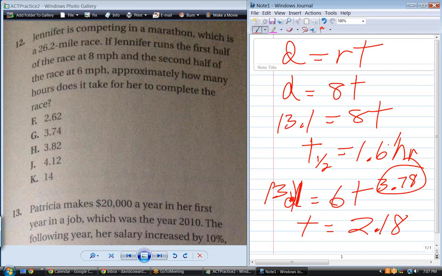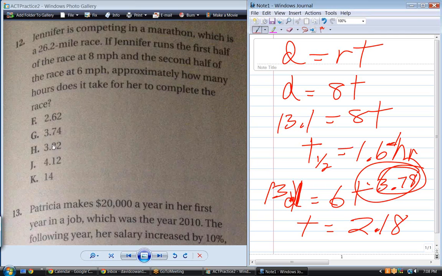In other words, if you divide, let me do it on my calculator. 13.1 divided by 8, 1.6375. The mere fact that I know there's additional digits here means that our answer has to be bigger than 3.78.